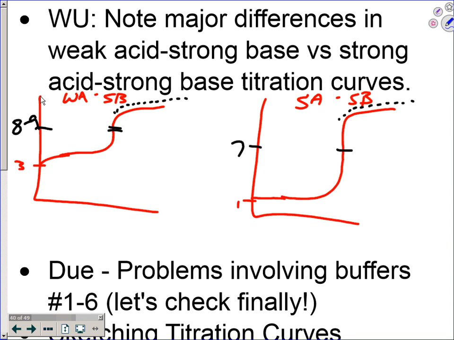Does this curve show any indication of a buffer? No. Why? Because the strong acid dissociates completely. Okay, so we just know that strong acids ionize completely, so we know this is not going to form a buffer, but why is this curve not indicative of a buffer?